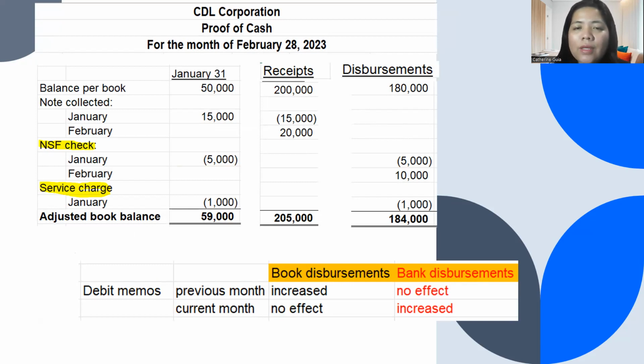As a result, our book disbursements are overstated in relation to the correct disbursements, and therefore we have to deduct the previous month. For the current month, on the other hand, the bank disbursements have increased. However, it does not affect yet our book disbursements. Our book disbursements are understated in relation to the correct disbursements, and therefore we have to add.